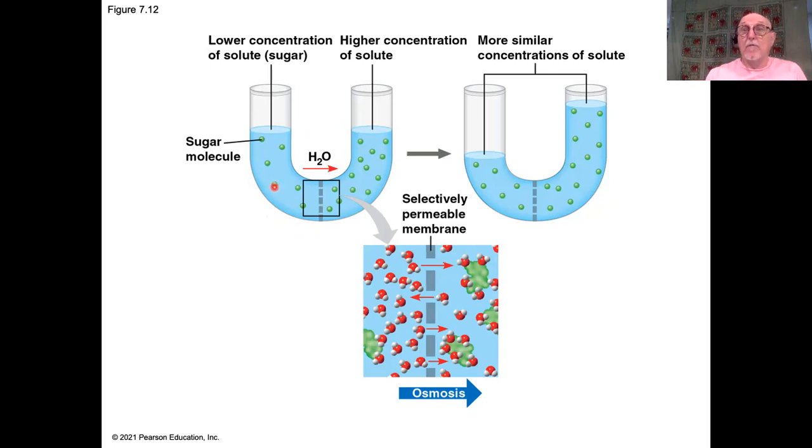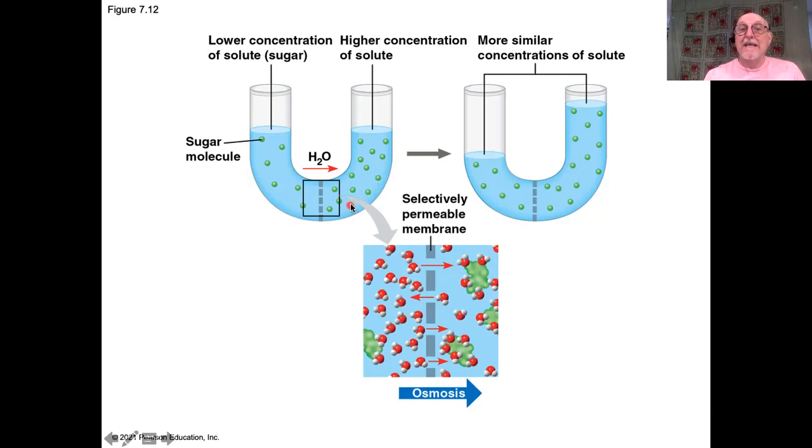And what is going to happen now, purely because we put a semi-permeable membrane here, is that these sugar molecules cannot move across here. They cannot move across to equalize. They're trapped behind here. But this is a semi-permeable membrane, permeable to water, and the water will move down its concentration gradient.